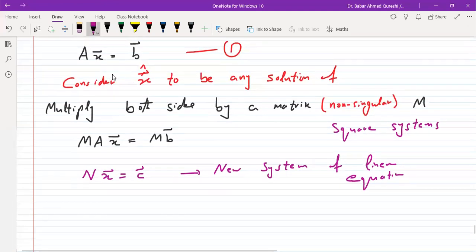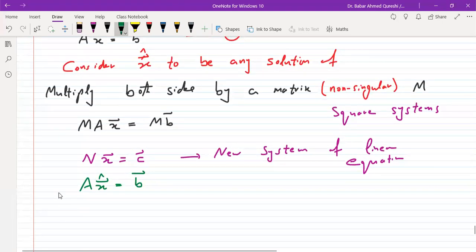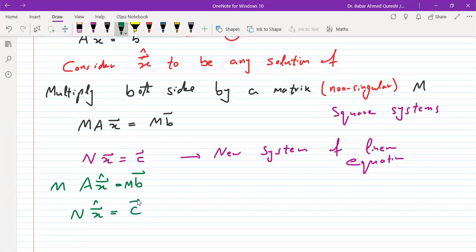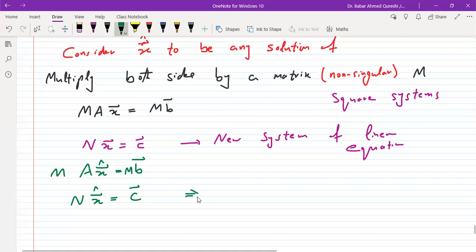But since this x hat solves the original system, that means that this is true for x hat. So if I multiply both sides of this equation by this matrix M, I will get this. That means my original solution is a solution.